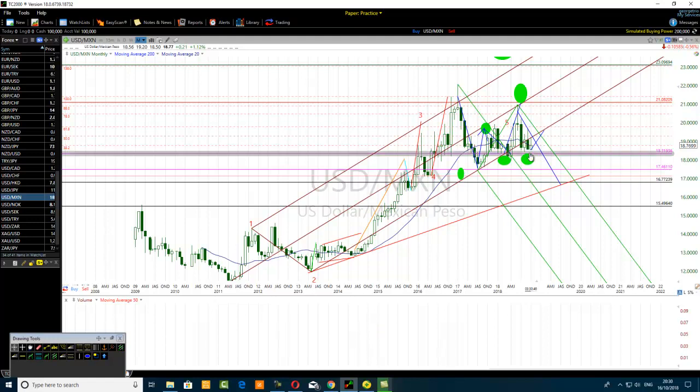Okay, forming a double bottom, going up a bit before coming down. Or it may not come down at all. It may just form a double bottom and then go back inside the pitchfork tool. So if it goes back inside the pitchfork tool, be very careful.